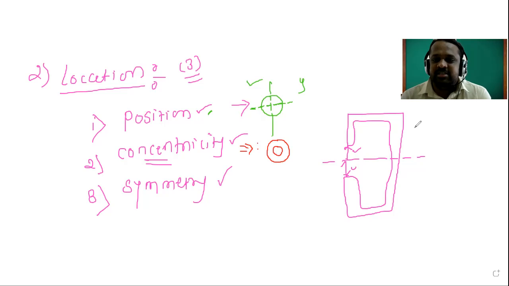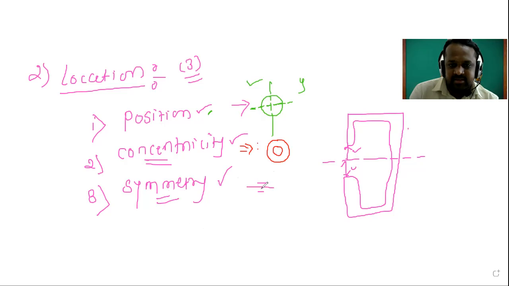Okay, suppose here they have given like this. First we will see the symbol for the symmetricity is like this. Three lines are there. Okay, small, bigger, small. So this is the symmetricity. And if they have given like this, then what is the meaning of this?